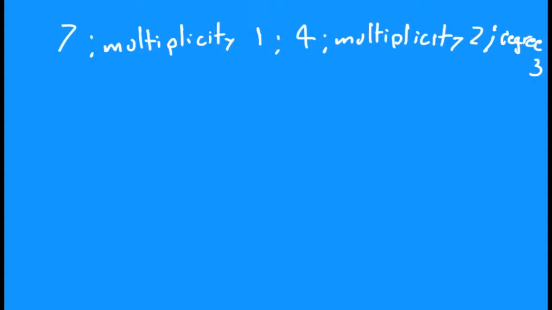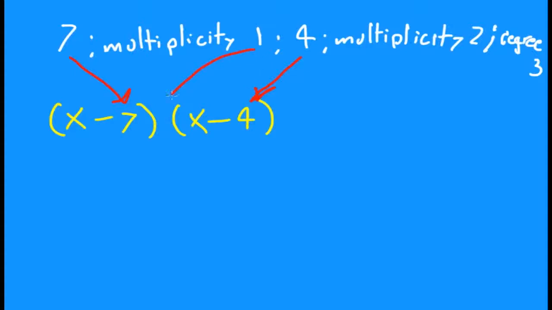Okay, so we're gonna want to write it as x minus 7, then x minus 4. You can see that here's our 7 and our 4. Now the multiplicity is 1, and here our multiplicity is 2, so we have to put a 2 here.